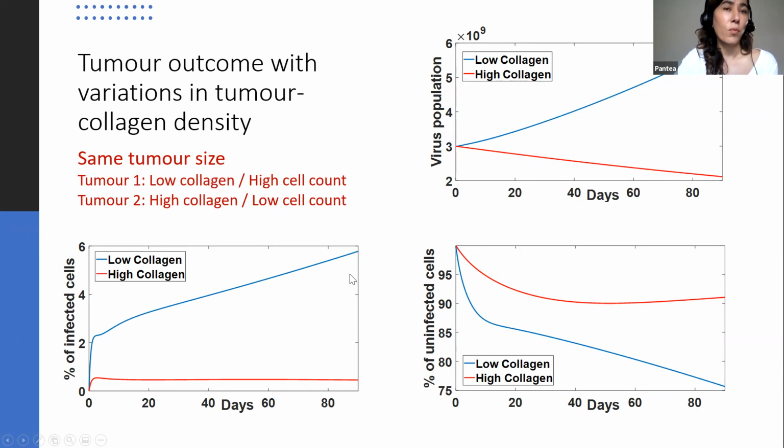Infected cells in the same way, more infection in low collagen than high collagen. And then the percentage of infected cells, the percentage of uninfected cells, in both tumors, initially the tumors are actually decaying away, but in high collagen, the tumor seems to be recovering, whereas in the low collagen, it continues to decay away.